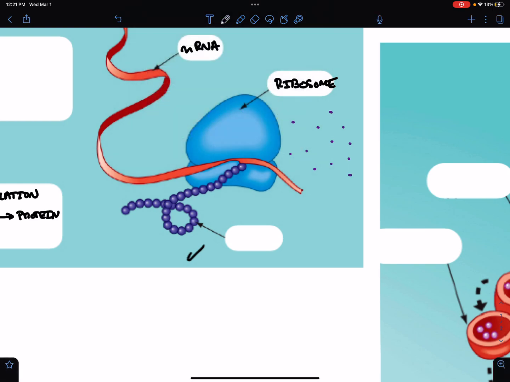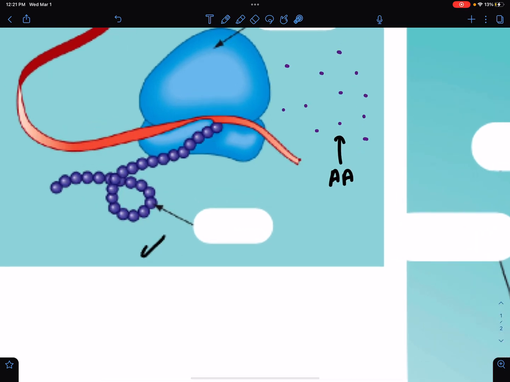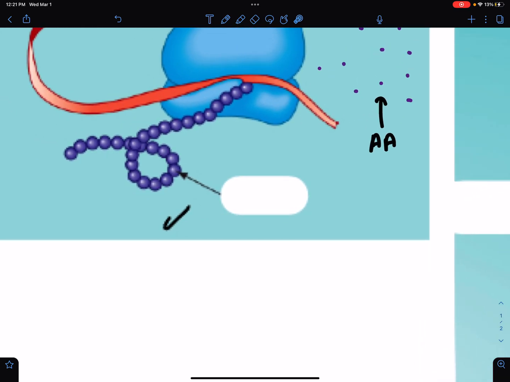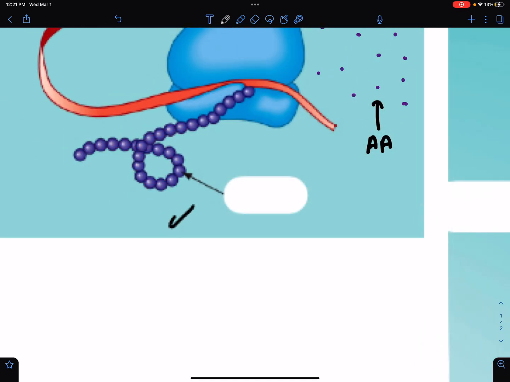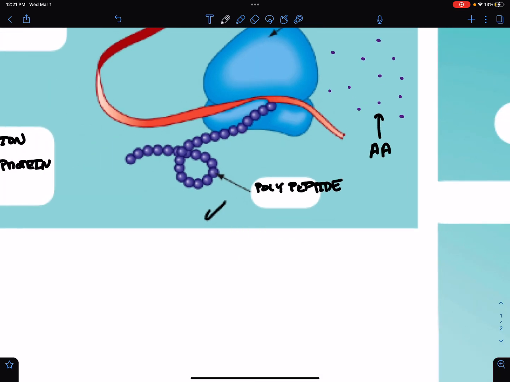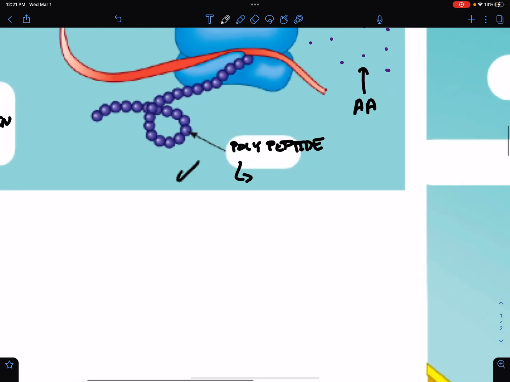And remember, there are 20 different types of amino acids, and the mRNA message is going to tell the ribosome which amino acid to pick out of the cytoplasm and attach into a chain. The bonds that form between amino acids, remember, are called peptide bonds, and when we string them together, we get what's called a polypeptide. A polypeptide is the primary structure of a protein.